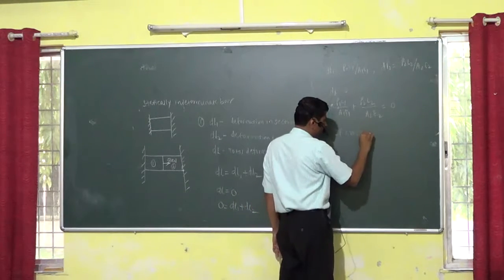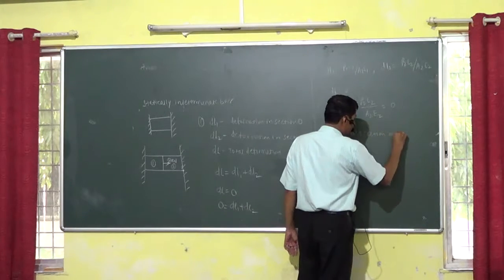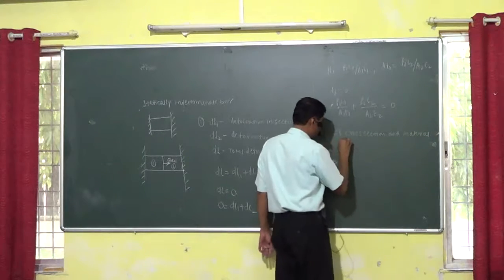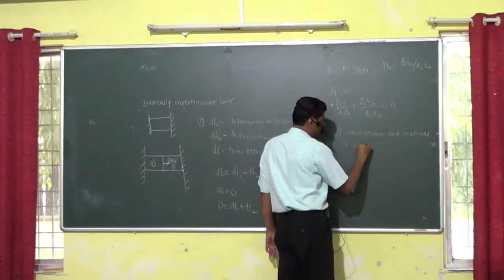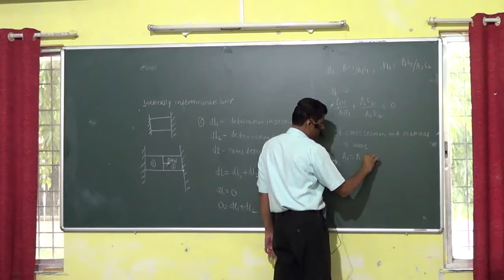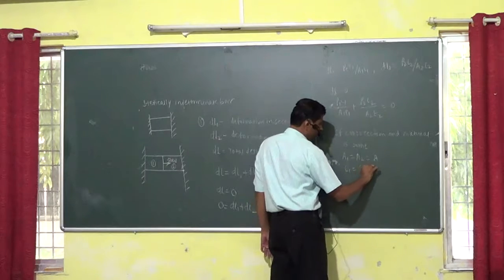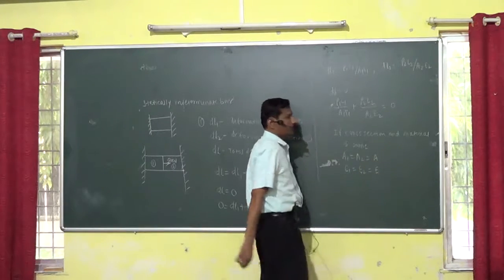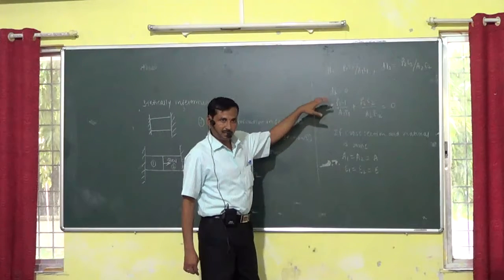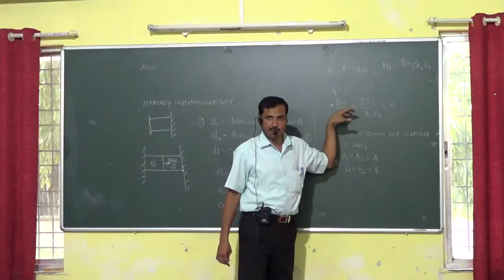So A1, E1 will be considered as AE, and A2, E2 will also be considered as AE.